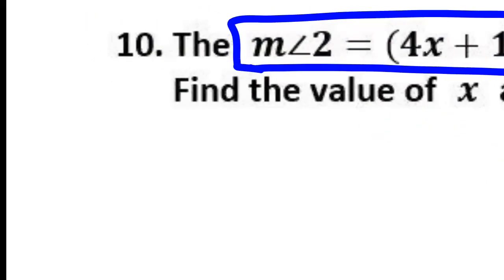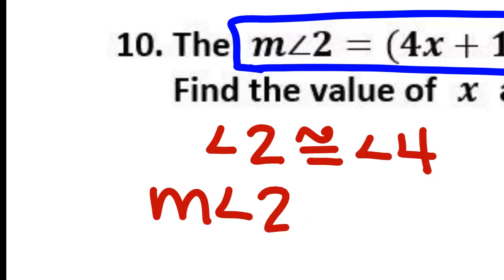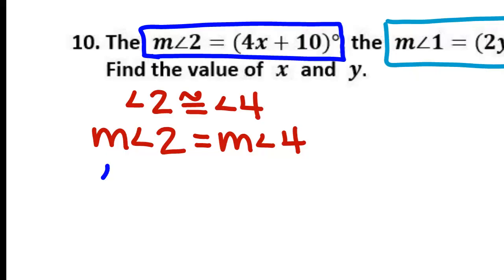So I can say angle 2 is congruent to angle 4, which means the measurement of angle 2 is equal to the measurement of angle 4. Well, the measurement of angle 2 is 4x plus 10. The measurement of angle 4 is 10x minus 20.